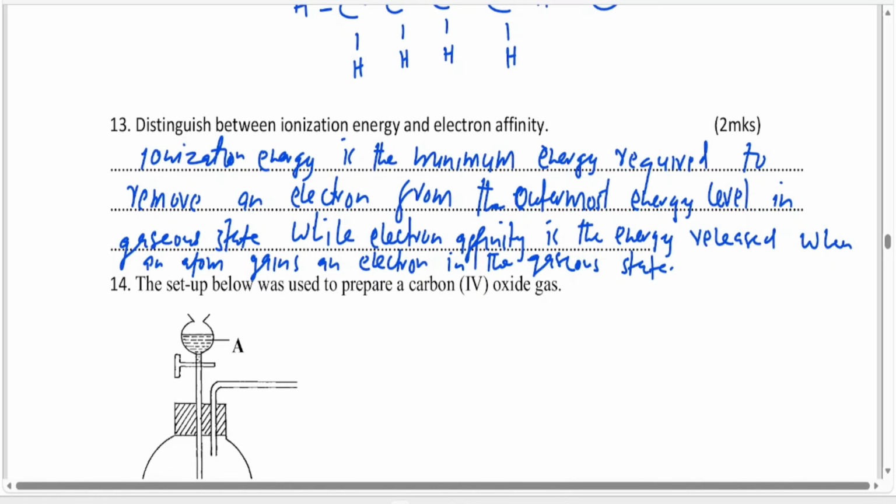So that particular atom that is gaining an electron should be in gaseous state. That's the difference between ionization energy and electron affinity. Giving correct difference gives you 2 marks.